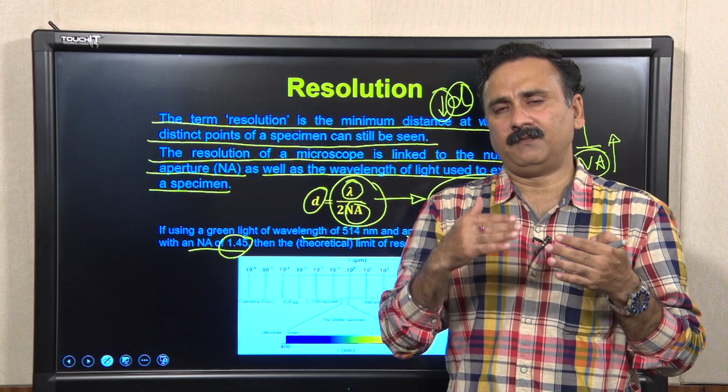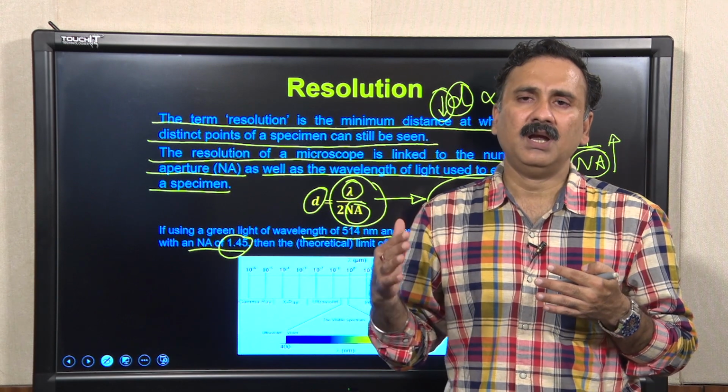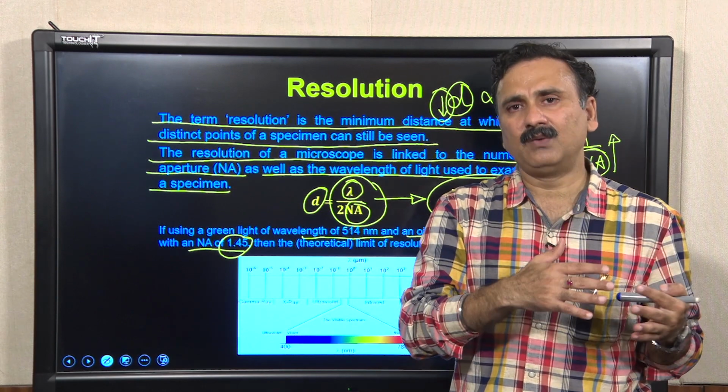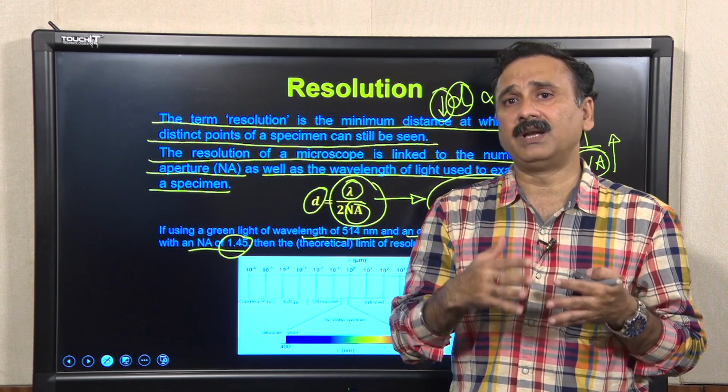That is why people are not modifying the numerical aperture. Instead, they play with different wavelengths of light, and that is how you get better resolution.